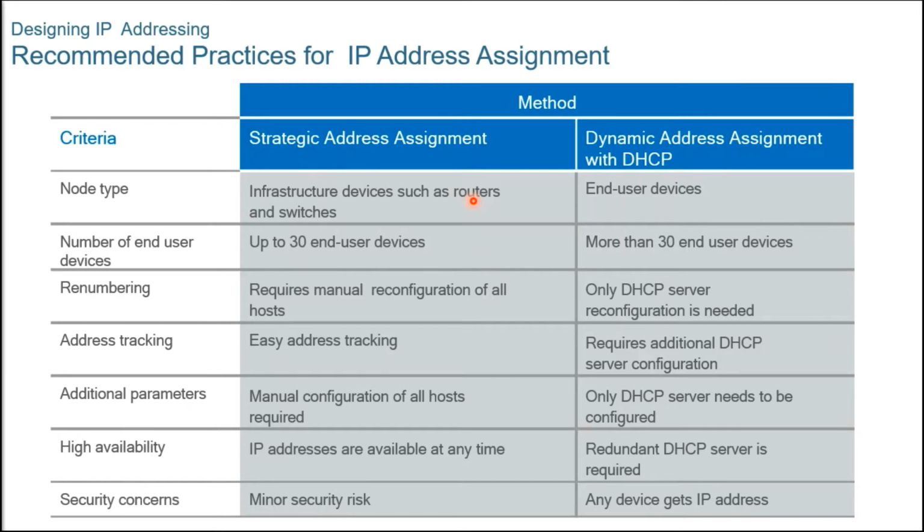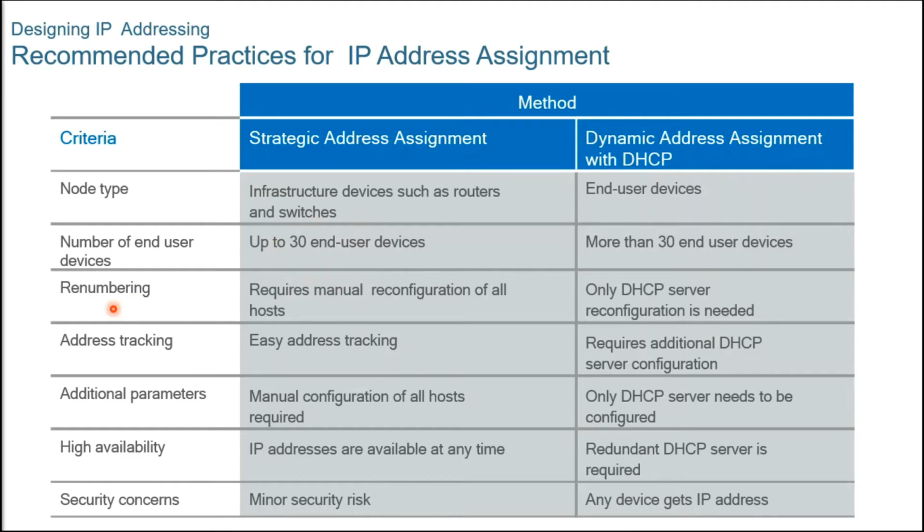For DHCP, of course, the end user devices, for instance, if you are providing free Wi-Fi access to the end users, we could put them in a DHCP or dynamic assignment. Now, number of end user devices. For static, it could be up to 30 end user devices. If it is more than 30, then it is recommended to use DHCP. It's very hard to manually assign an IP address on multiple devices.